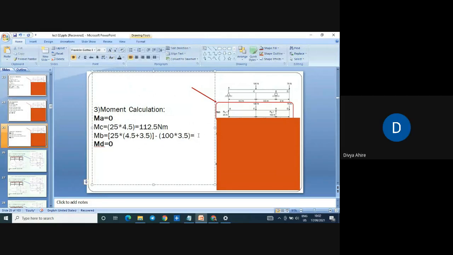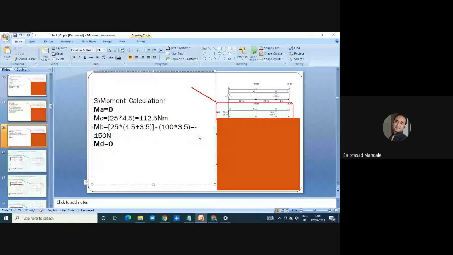Minus 150, and the unit is Newton meter. And the moment at D is equal to 0. So this is my answer.